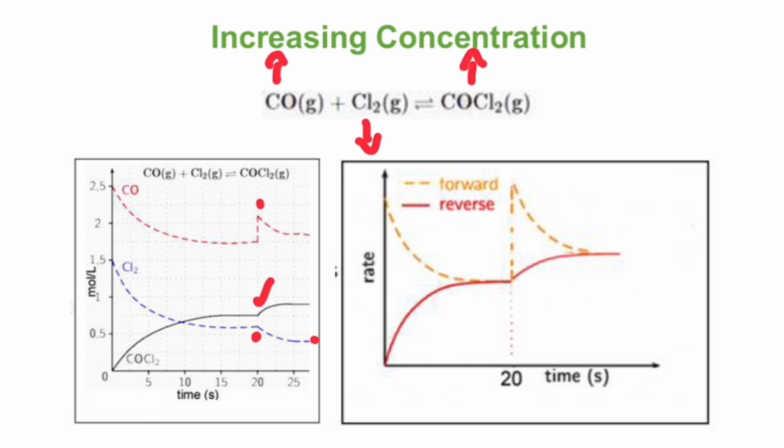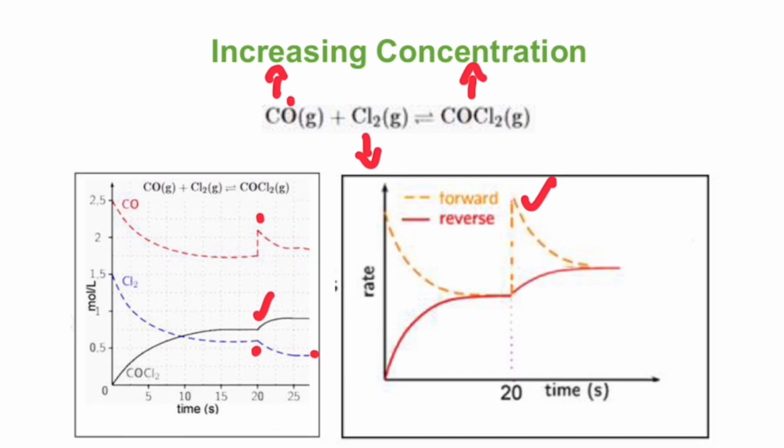So what happened here? In the rate of reaction versus time graph, we can see that the forward reaction is favored. So if the forward reaction is favored, how does the concentration of carbon monoxide go up? It goes up because the concentration has been increased. We have added more carbon monoxide to the reaction vessel, so to say, flask, whatever you are using for that reaction.